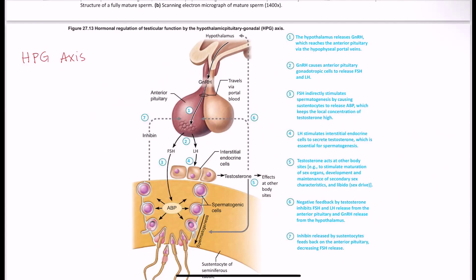So for FSH, that's step 3 here if you're following along. FSH acts on the process of spermatogenesis. So FSH stimulates spermatogenesis because it acts on sustentocytes. Sustentocytes have this protein called ABP.